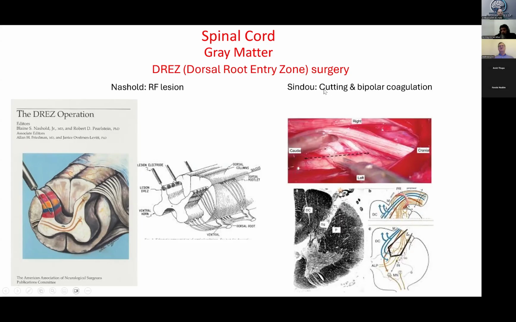This is the Sindou technique. So dorsal root entry zone surgery is used for pain from brachial plexus avulsion or deafferentation pain, post-herpetic pain, and some amputation pain.